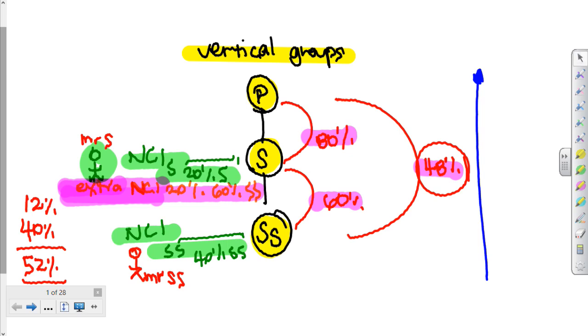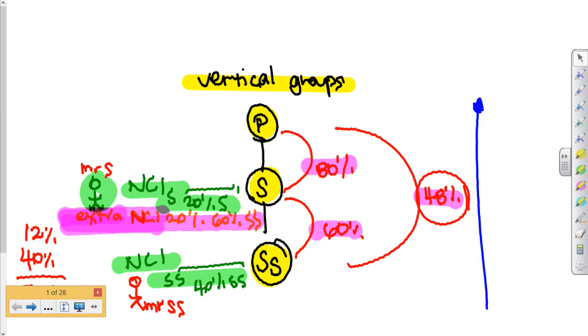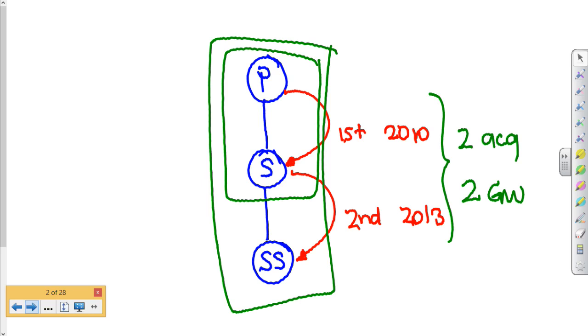Whenever you're doing NCI calcs with a vertical group, you have your two normal NCIs and the extra NCI. So that's the first thing to remember with vertical groups. The second thing to look at with vertical groups, and it's only these two things that are different really. So the one is drawing our picture and understanding who owns what and remembering that there's this extra piece. And then the second one is looking at the acquisition entries.